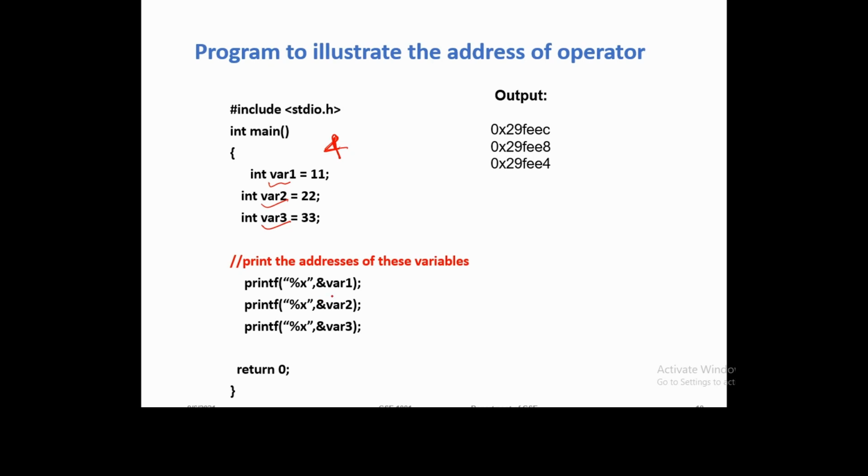Okay, and if I write ampersand var1 here, then it will print the address. Okay, so we are using this %x here because these addresses are stored in hexadecimal form. So that's why if I'm printing the address of that particular variable, then we can use this type specifier.